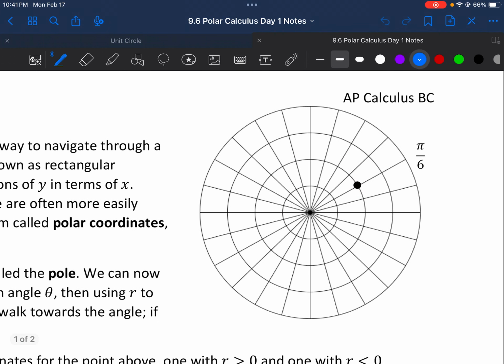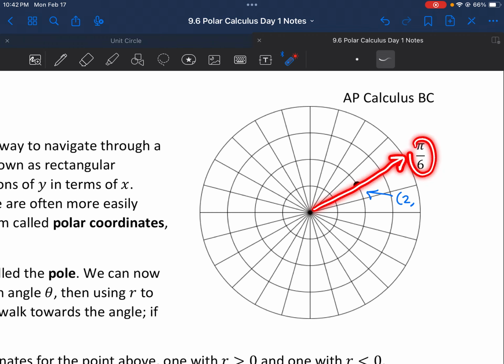So, this point right here, let's take a look at this point. One way we can represent this point is notice that it's sitting on the second circle, so r would be positive 2. And if r is positive, then we walk towards the angle being pi over 6 radians.